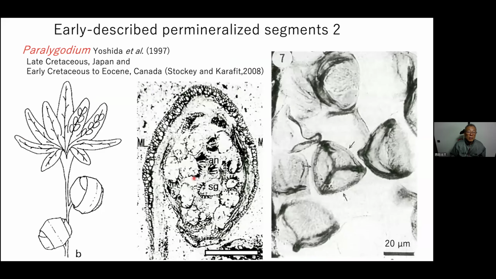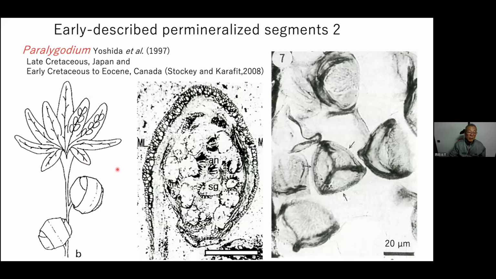And this is another permineralized specimen, Paralygodium. This is the first one described from Hokkaido also by Yoshida and ourselves in 1997. And this one is a suggested reconstruction of the fertile part. And this Paralygodium has a palmate segmentation of the frond or fertile part.